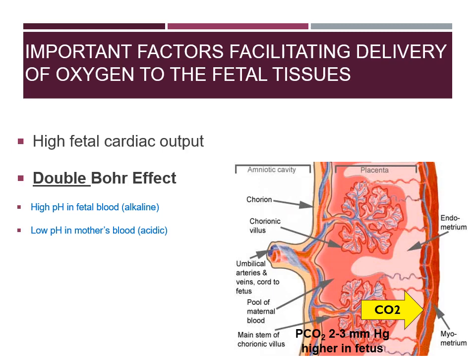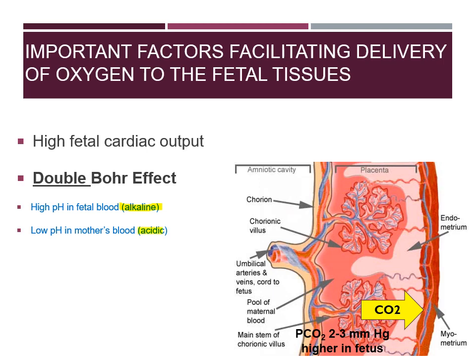On the fetal side, there will be a high partial pressure of CO2, and that will dissociate from the fetal hemoglobin, leaving the fetal circulation, and that will make the fetal blood more alkaline, and there will be more tendency to combine with oxygen.